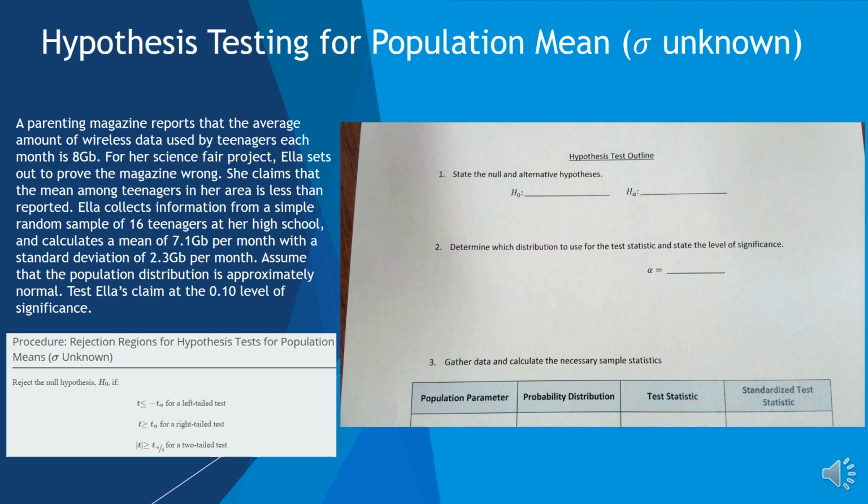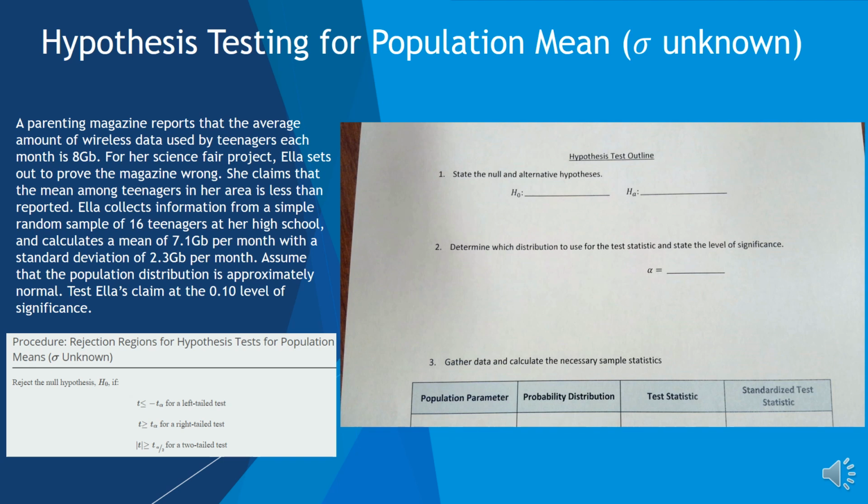Ella collects information from a simple random sample of 16 teenagers at her high school, so sample size n is 16, and calculates a mean of 7.1 gigabytes per month. So the sample mean is 7.1, with a sample standard deviation s of 2.3 gigabytes per month.